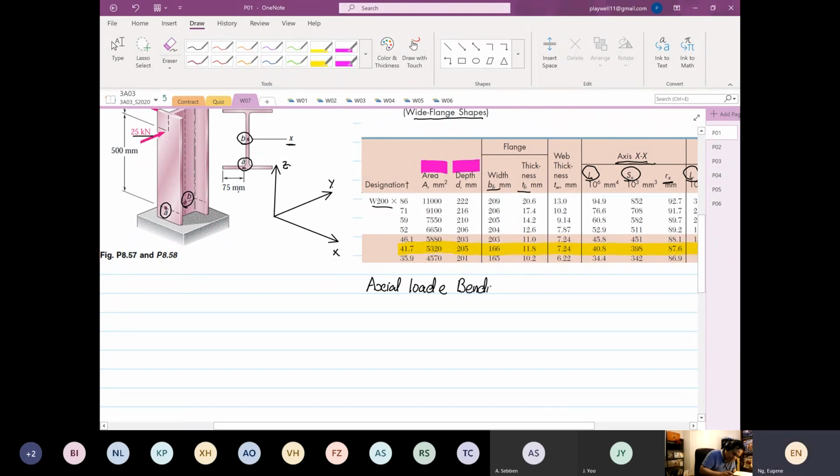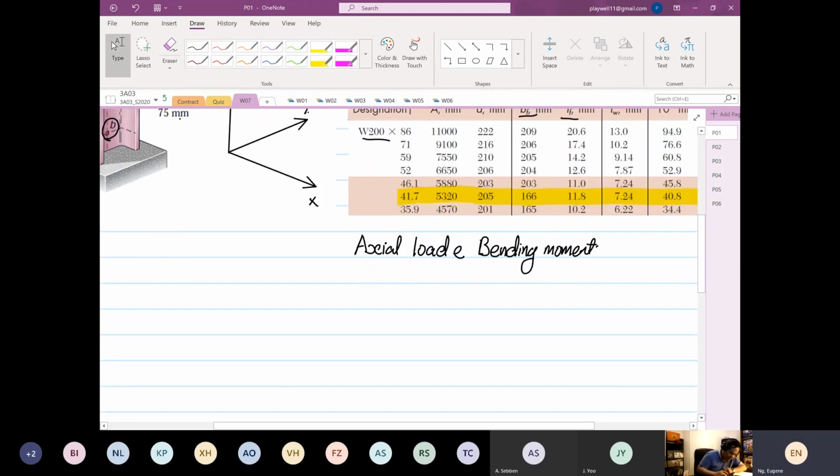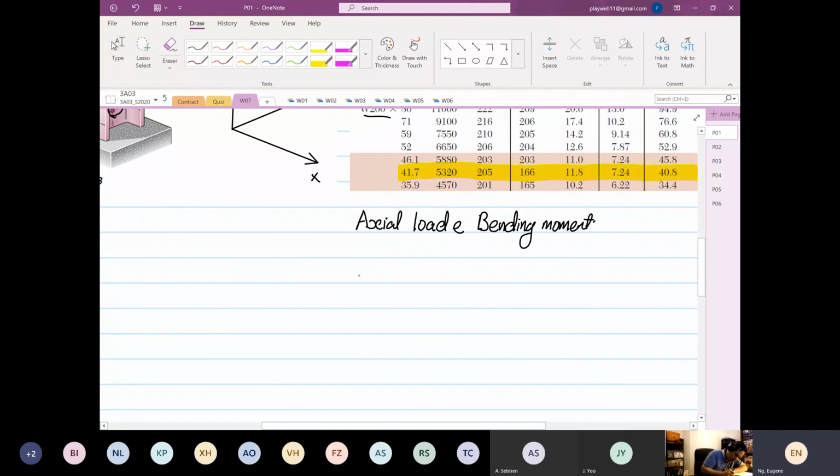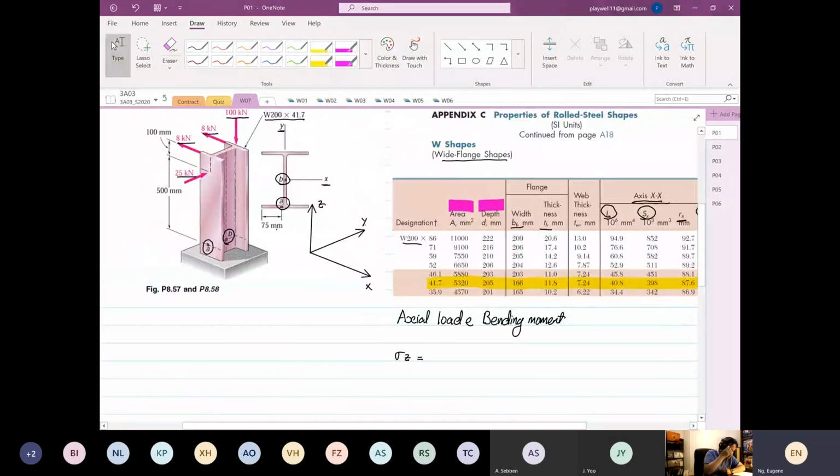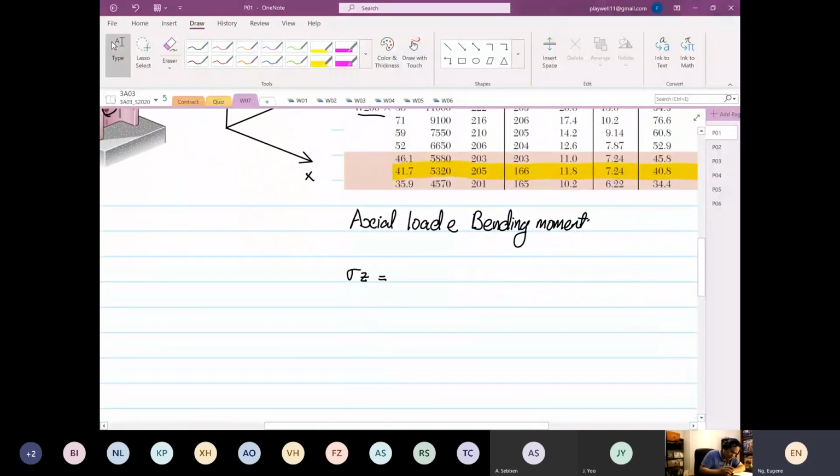Based on these two, we're going to find our stress in the Z direction. Our normal stresses are all going to be in the Z direction for this configuration. So this will be equal to Pz divided by A. This is due to axial loading.